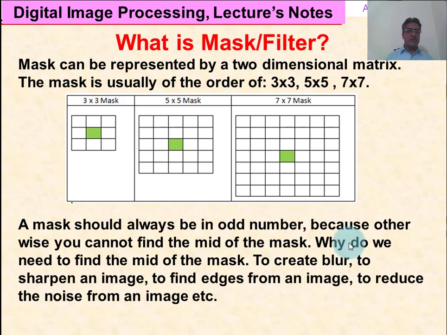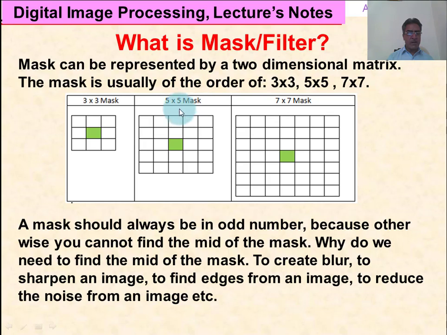The first topic is what is mask or what is a filter. Mask may be represented by two-dimensional matrix. The mask is usually of the order of 3 by 3, 5 by 5, 7 by 7. This is 3 by 3 mask, 3 rows and 3 columns. 3 cross 3, that is 9 pixel matrix is called a 3 cross 3 mask.